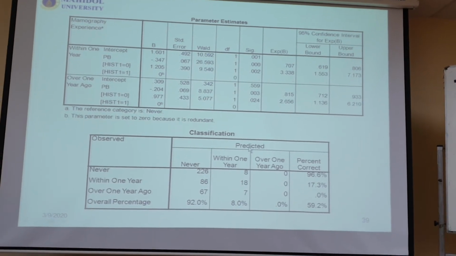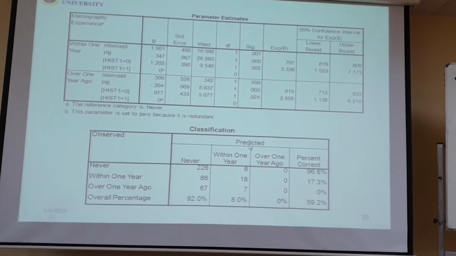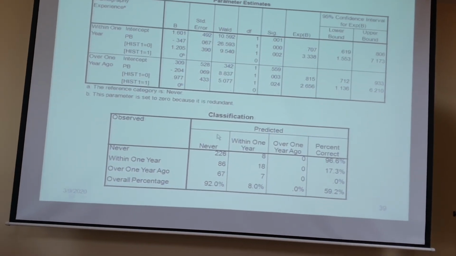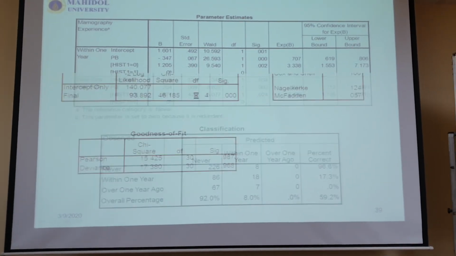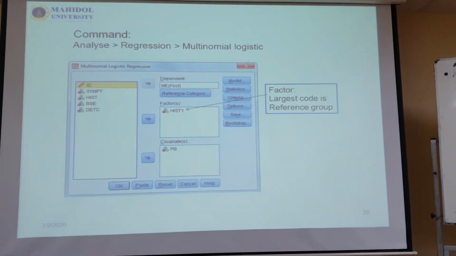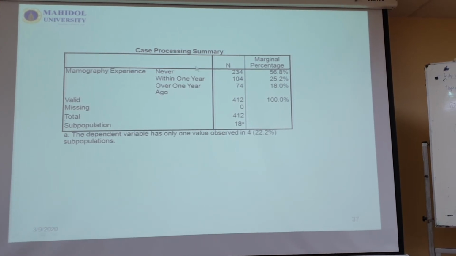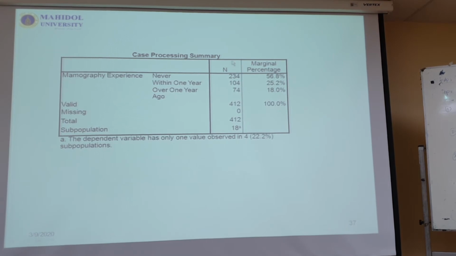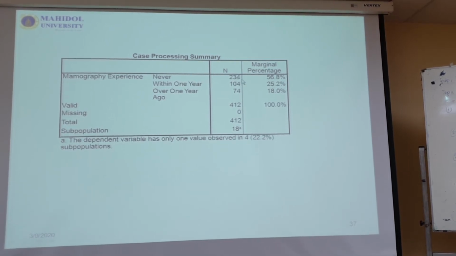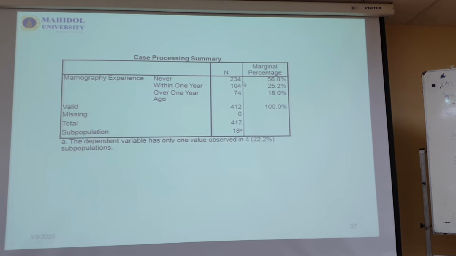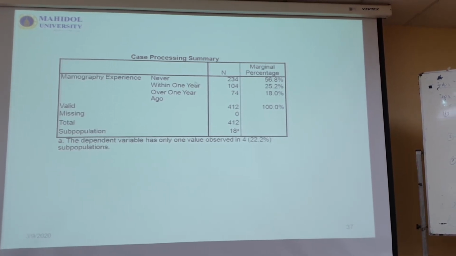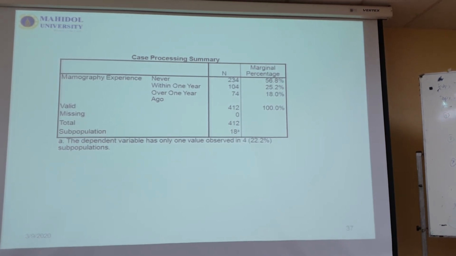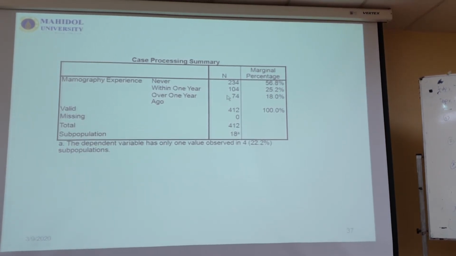The model predicts never have the mammogram. How many? 226. And what is the total number of the neighbor? We look here. This is the actual data, right? The observed is 234. In your data, you have 234 subjects that never have mammography, from your output.